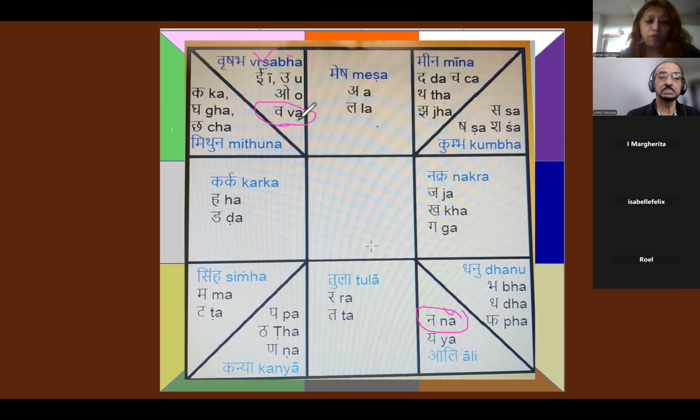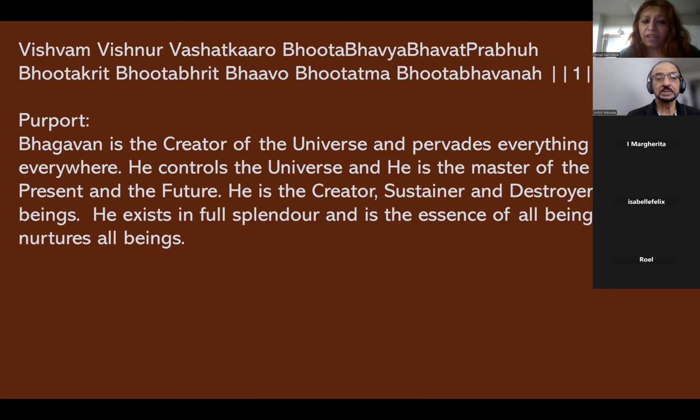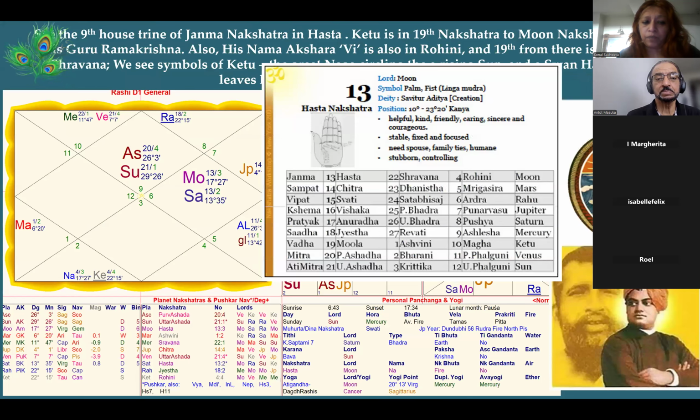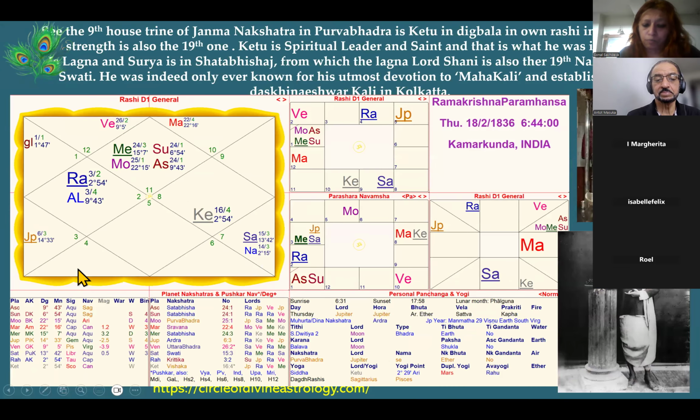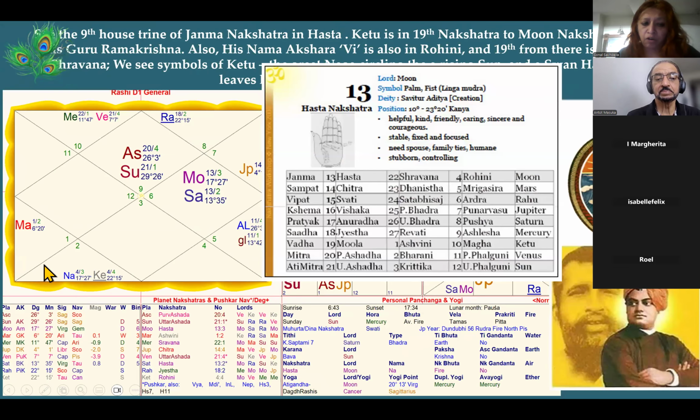That is why the Nama Akshara for Vivekananda is in Taurus here. It is highlighted here, the 4 by 3, that is Rohini. The fourth one is Rohini, which is the 19th one if you count from the Janma Nakshatra Hasta.